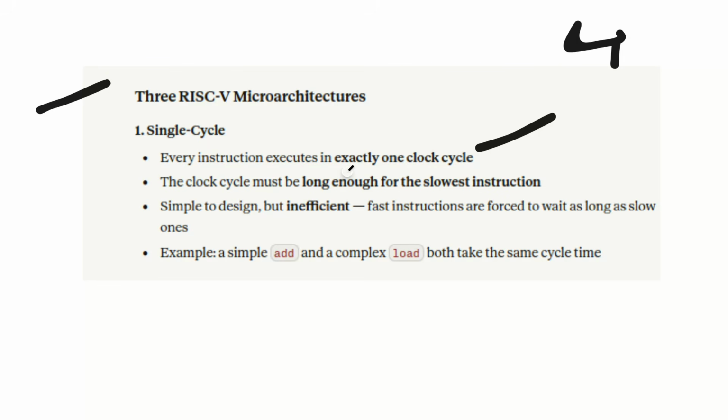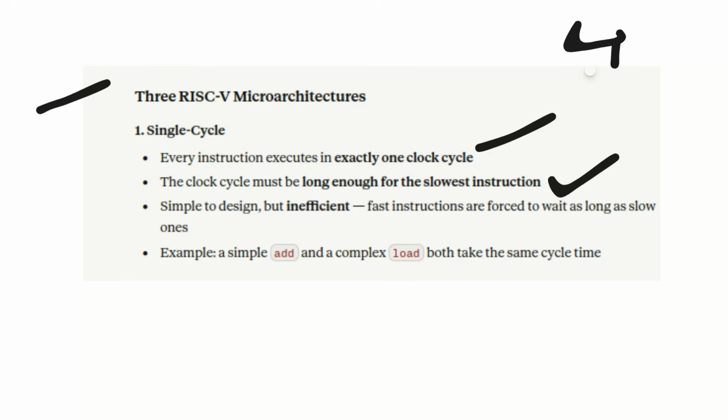Then the clock cycle must be long enough for the slowest instruction. What does that mean? If you have 4 instructions, each of these has a different execution time.